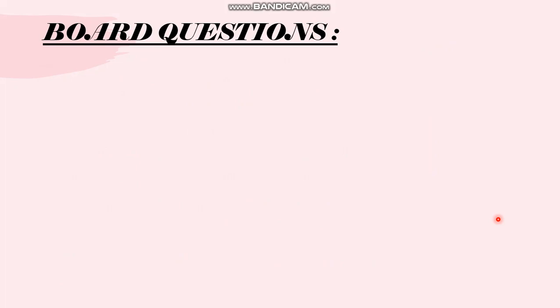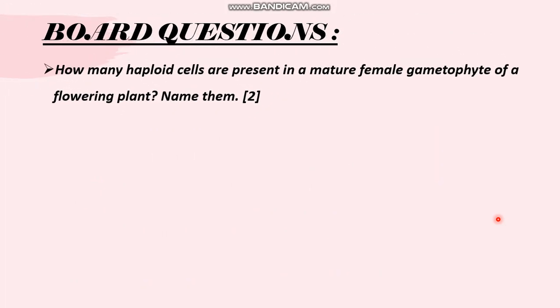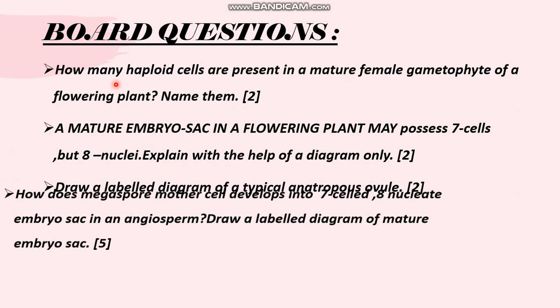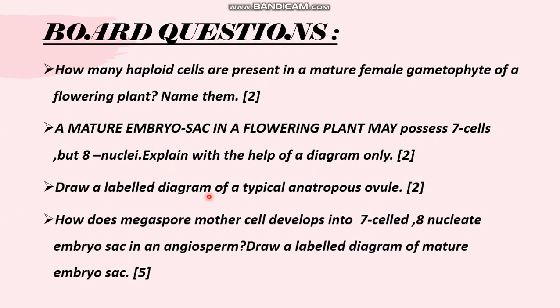Now some questions which are asked in board exams based on these two topics. As I told you, you might get diagrams. Label the diagram of an anatropous ovule, or draw a labeled diagram of a mature embryo sac.